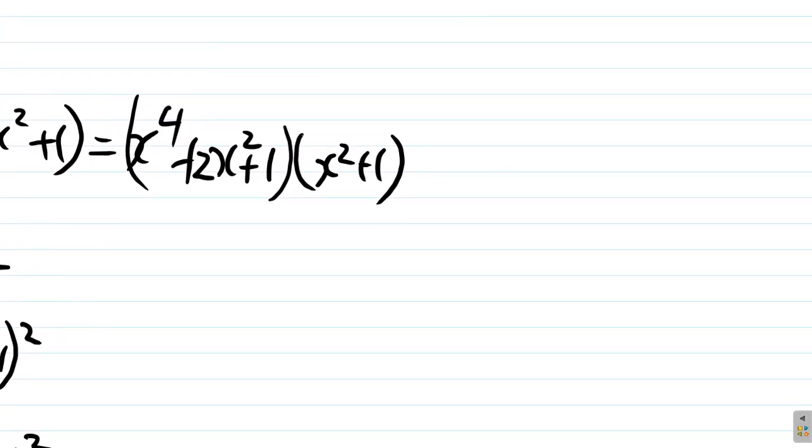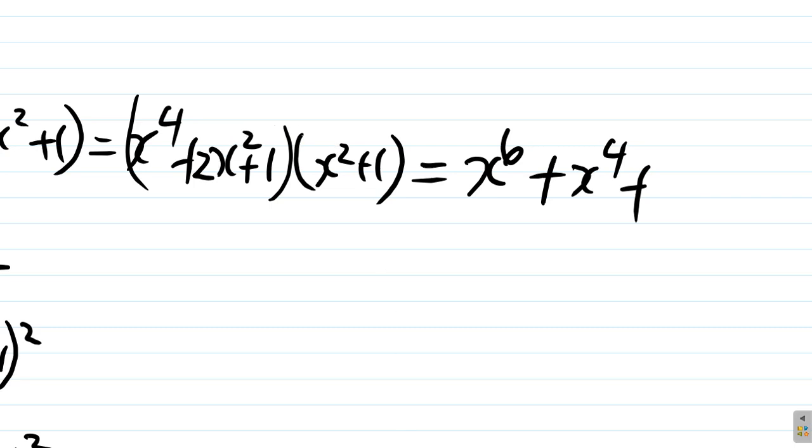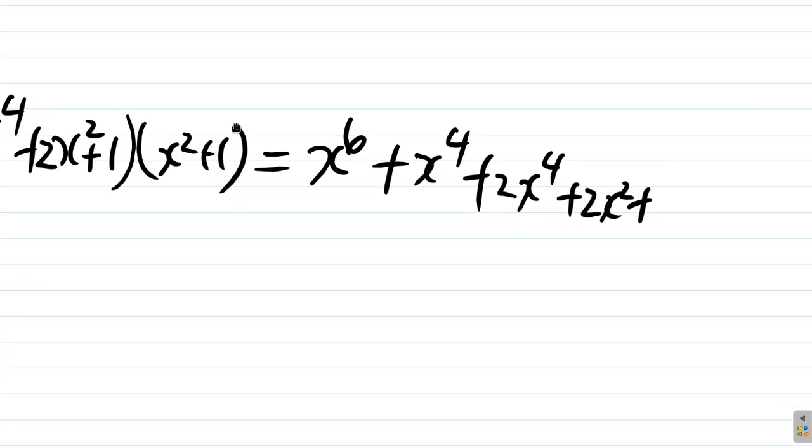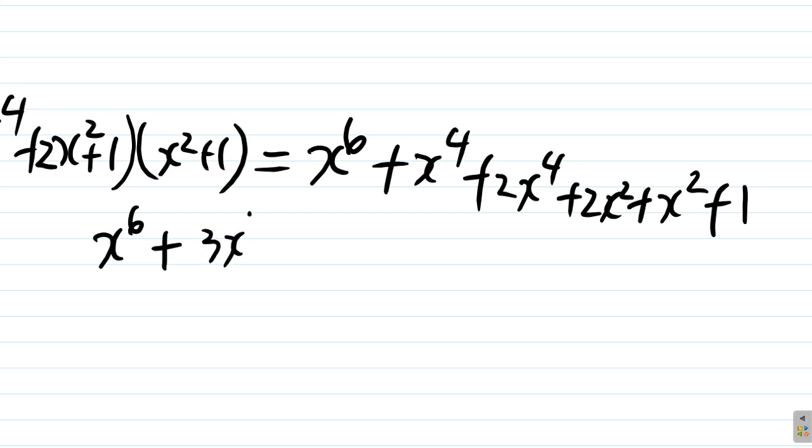Then x to the 4th times x squared gives us x to the 6, plus x to the 4th times 1 gives us x to the 4th, plus 2x squared times x squared gives us 2x to the 4th, plus 2x squared times 1 gives us 2x squared, plus 1 times x squared gives us x squared, plus 1 times 1, 1. Now, this amounts to x to the 6 plus 3x to the 4th plus 3x squared plus 1.